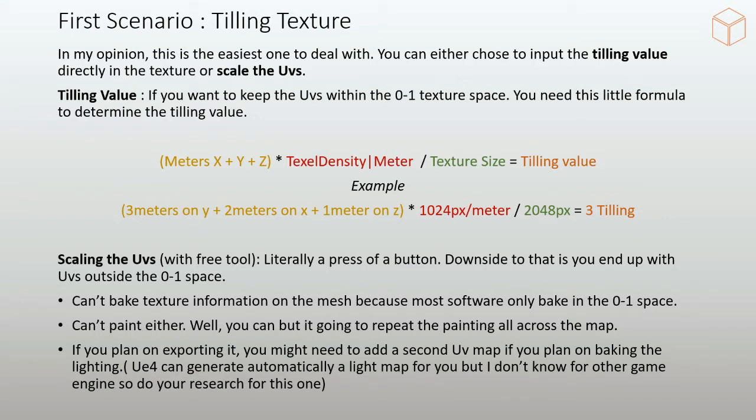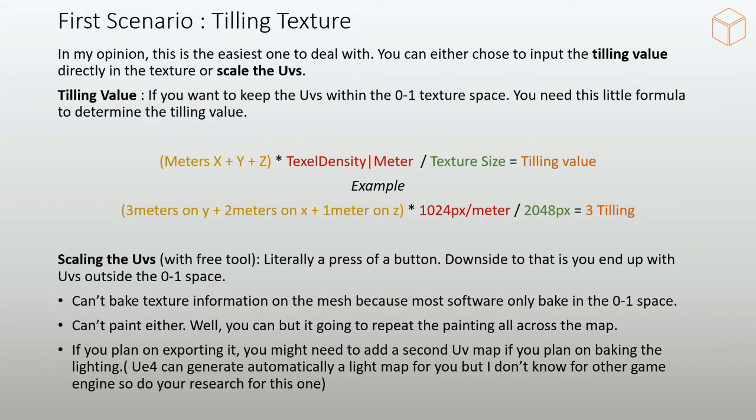The second method is going to be scaling the UVs up. This one's going to be done with free tools that I'm going to link in the description below. This is literally the press of a button, so you just press it and it's going to scale the UVs to the desired texel density. The downside to that is that you will end up with UVs that are outside the 0 to 1 texture space.